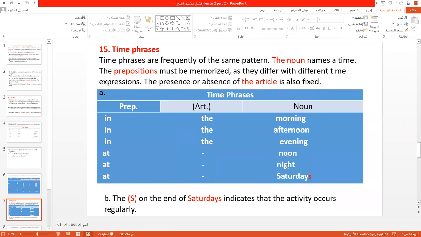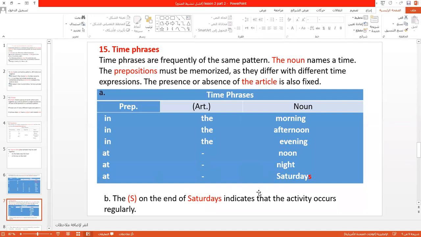Night, at night. At Saturdays, look, at Saturdays. Is it clear, please? Doctor, please, Saturdays and Sundays we use on with them? No, here as a preposition phrase, we say at Saturdays.